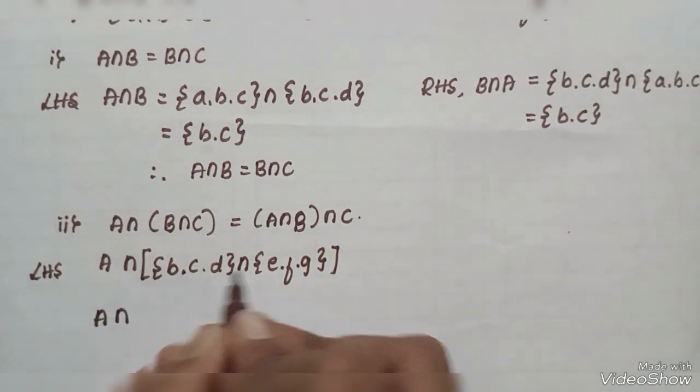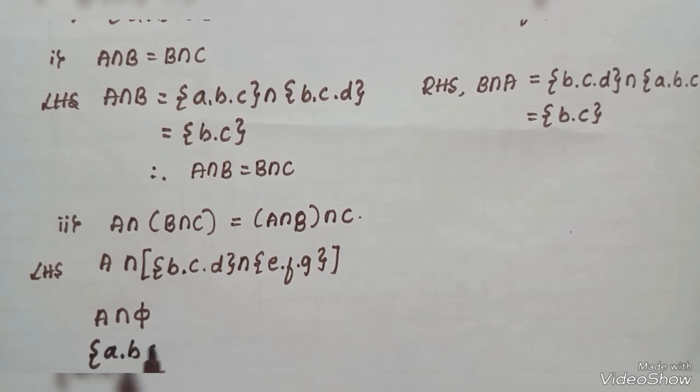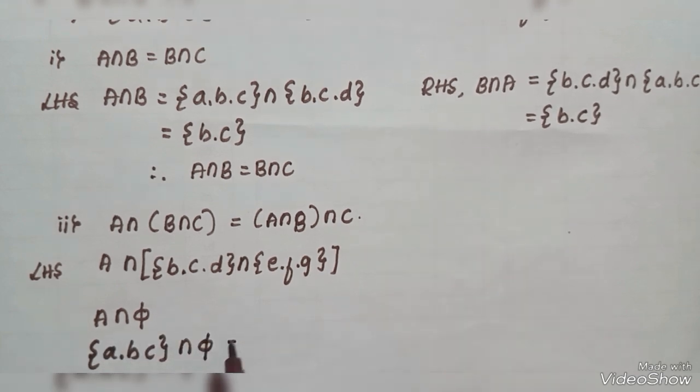Here there are no common elements, that's why I have taken null set. Set A containing A, B, C intersection null is null set. There is no common element here, that's why it is null set.